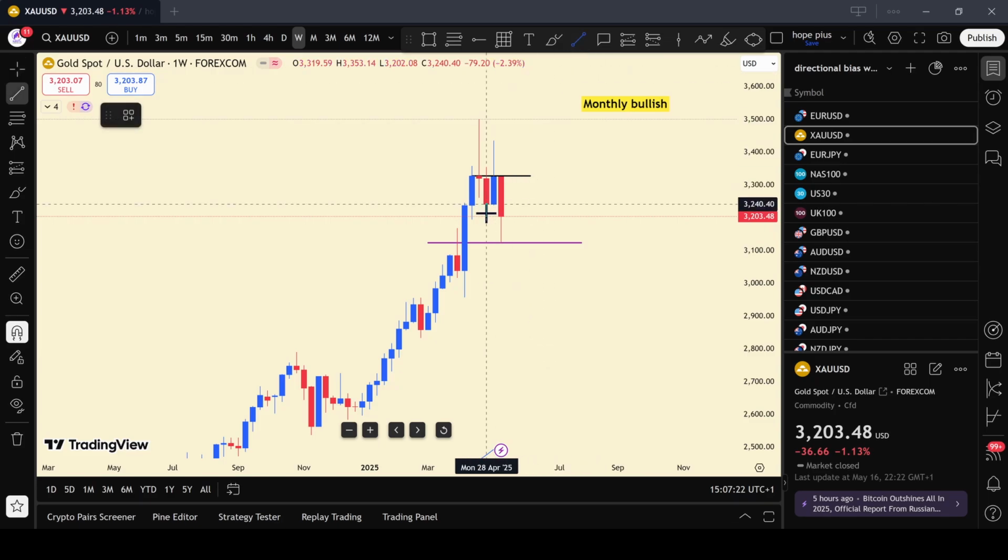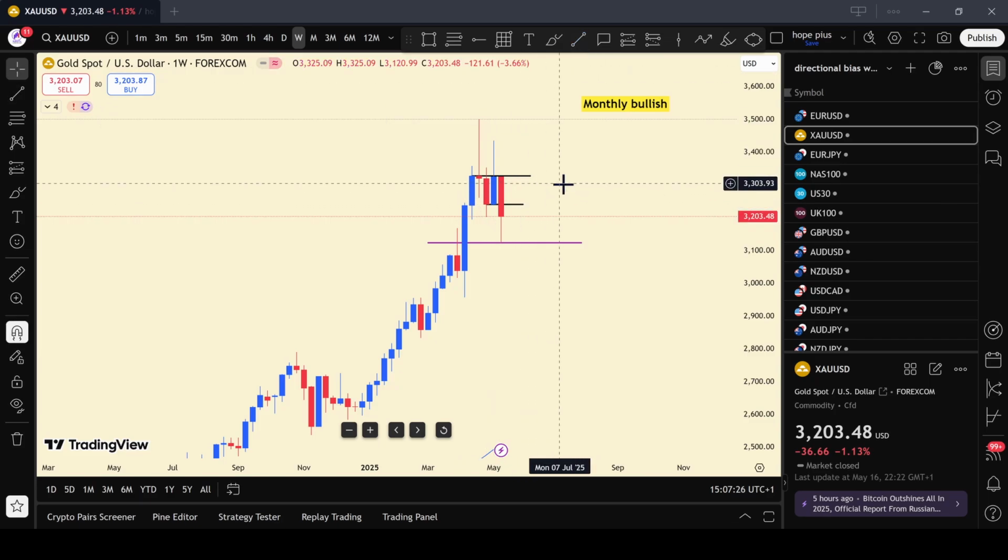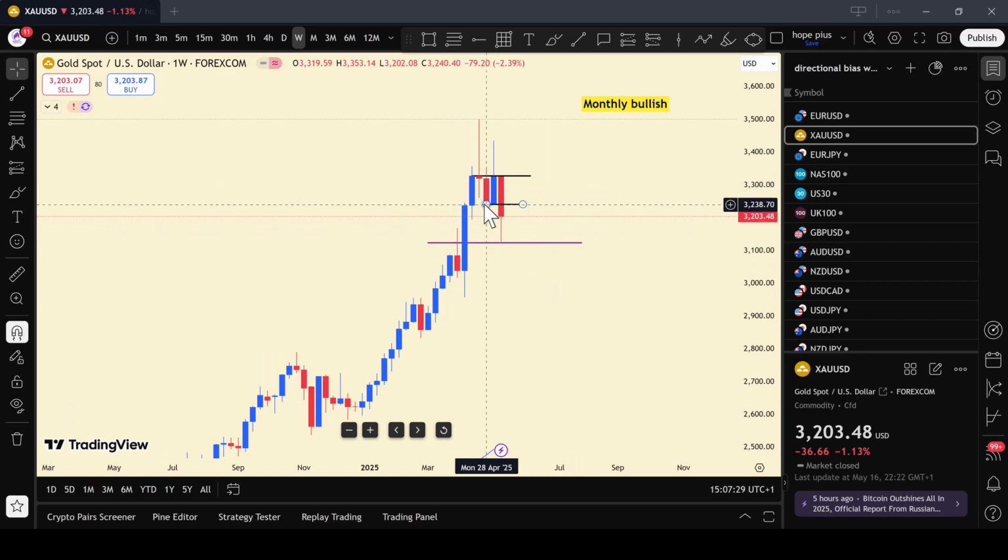And then we have this level, a fresh support, which in my last video, I encourage you to look for a bullish trade the moment price trades below, because this fresh support can push price to the upside. But as you can see, the week has ended and we close right below it.